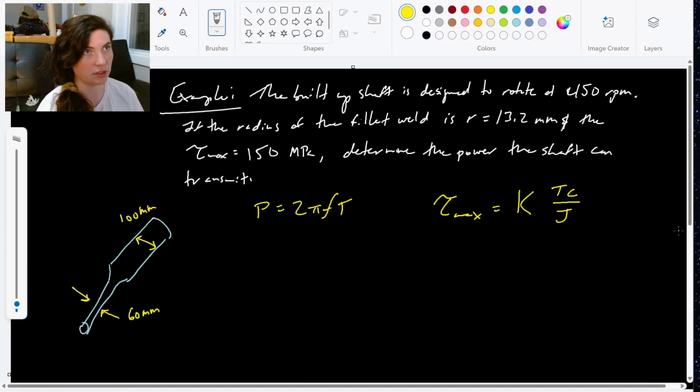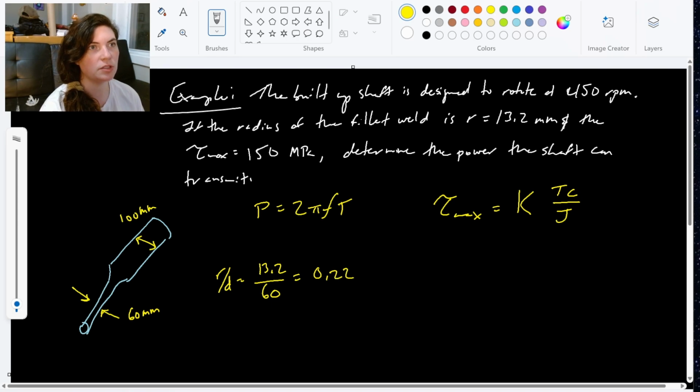So R over D is going to be 13.2, that was given in my problem here. The radius of the fillet weld is 13.2 millimeters over 60, and that gives me 0.22.